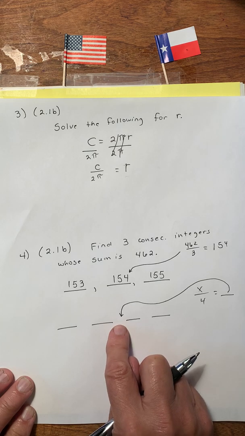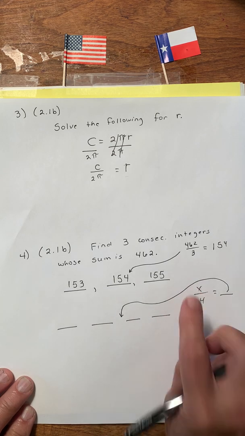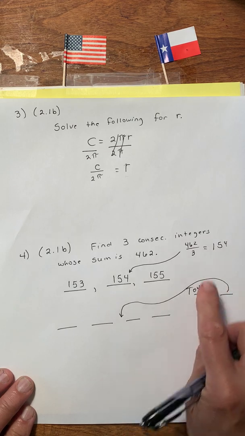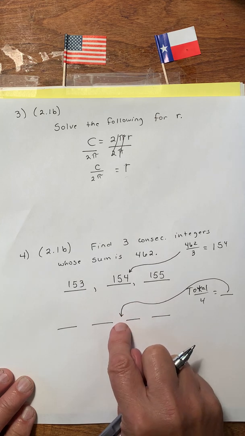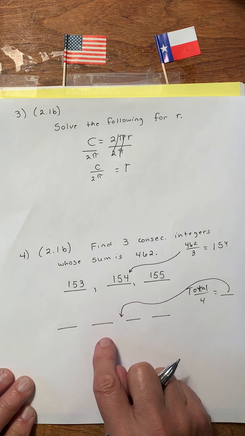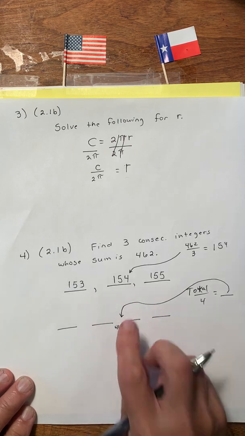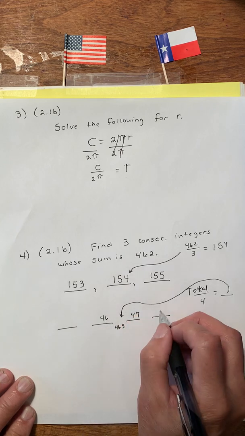So our strategy remains the same. Take your total, divide it by however many numbers you got. That will give you either your middle number or the middle of the numbers. But after that, you can work out what it is. If this happens to be 46.5, why, this must be 47, this must be 46, and so forth.